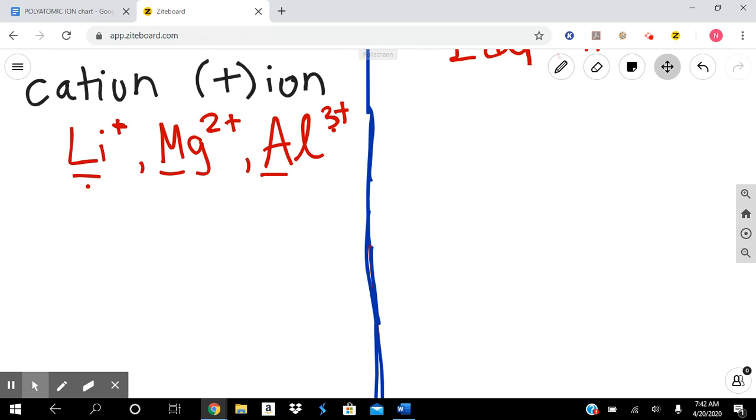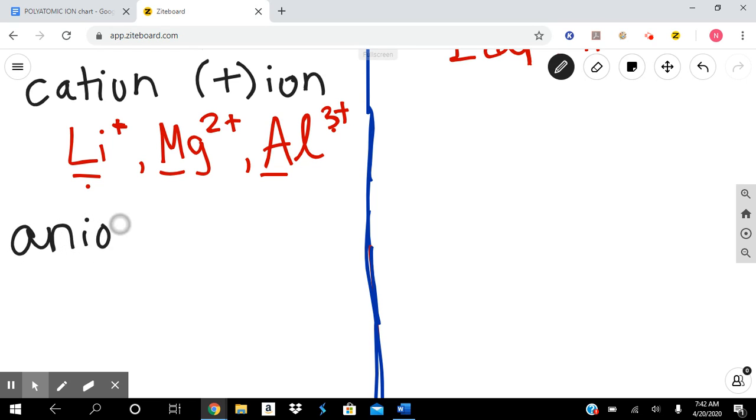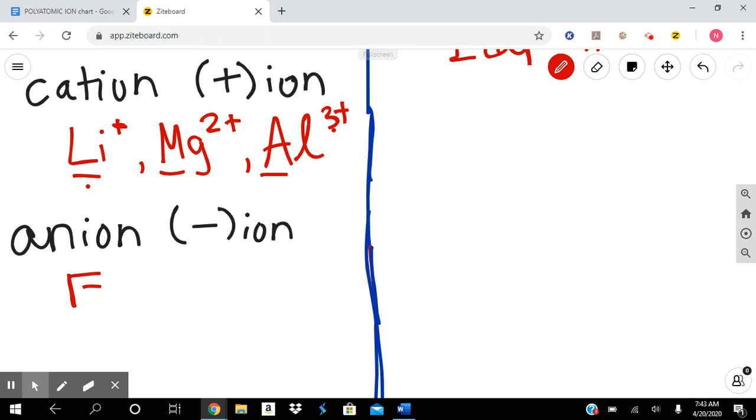The second ion that gets written is our anion. And anions are your negative ions. So we have something like F-, O2-, N3-.